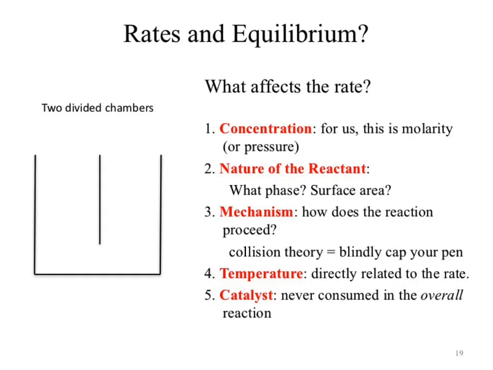Temperature is also directly related to our rate. The hotter things get, the more likely they interact. If we go back to the smashing things together, the hotter things get, the faster things move, the more likely they collide with enough energy to do a correct interaction. And then the catalyst is just a third party to help those two things happen.